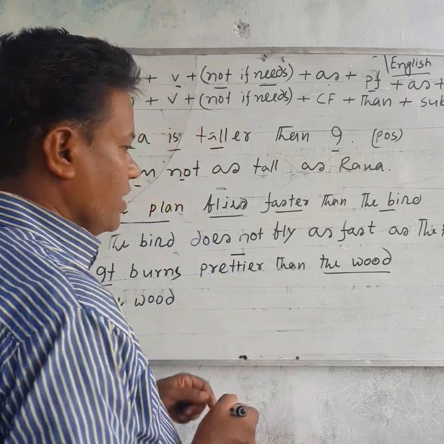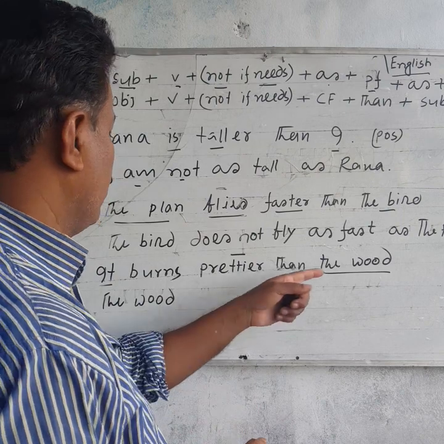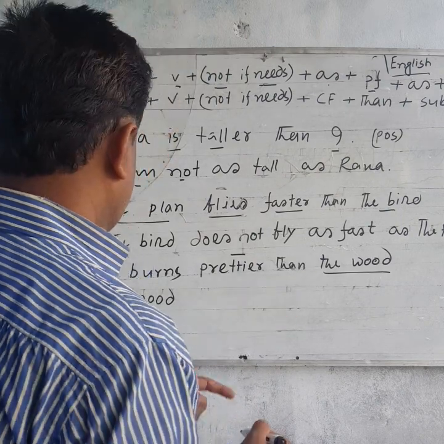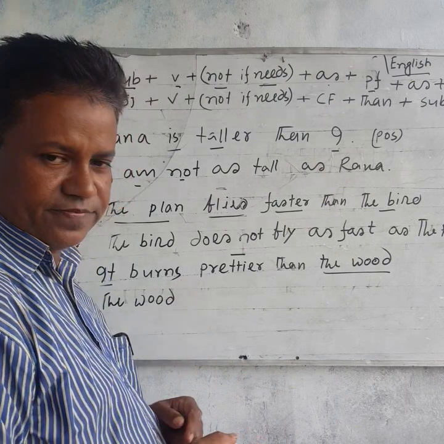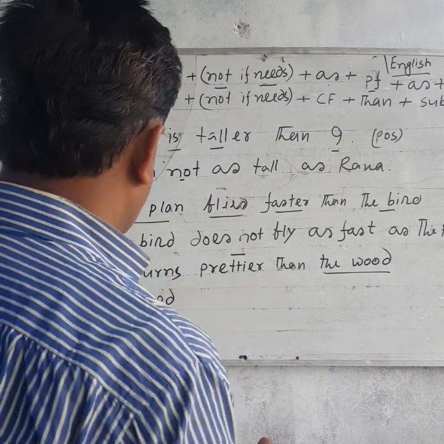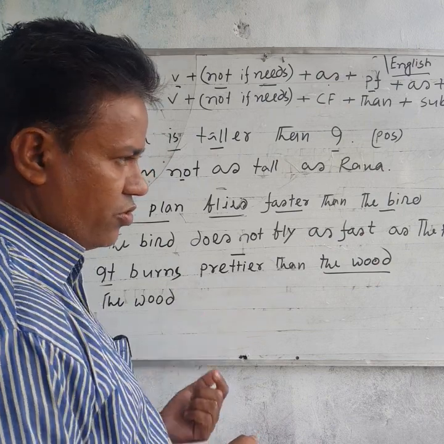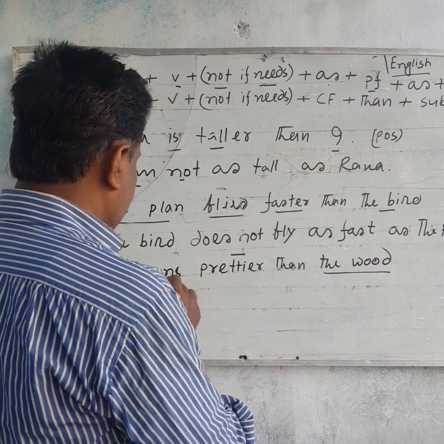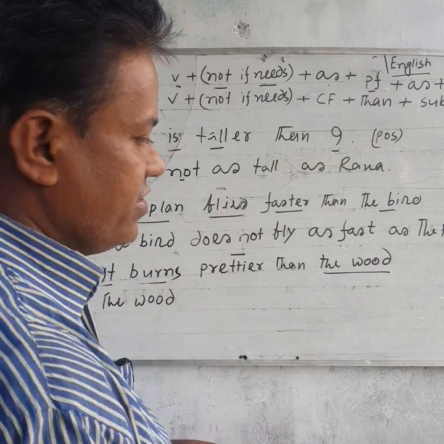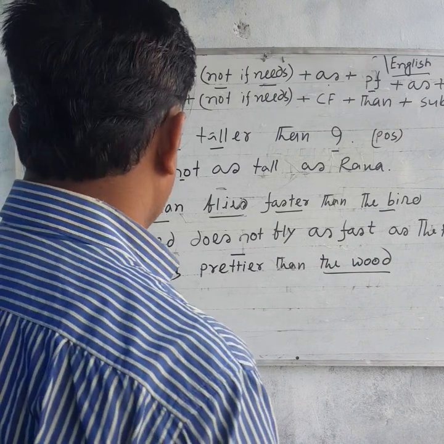Now the verb. When you put the verb here, you have to examine if there is any not in this sentence. But here is no not, so I have to put here not. On the other hand, here is the principal verb burns. This is not an auxiliary verb, so I have to bring the do verb.